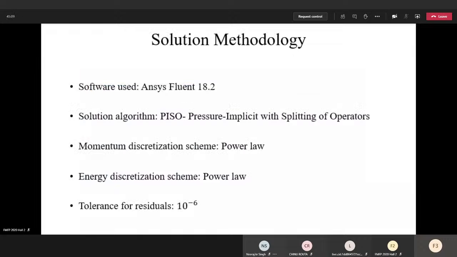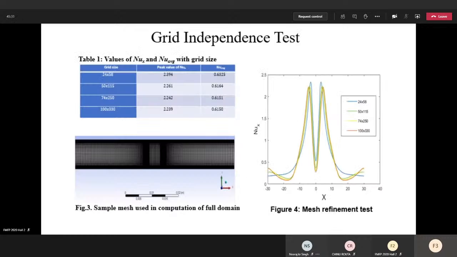Now come to the solution methodology. The solution was performed in ANSYS 18.2. An algorithm was selected, PISO, in which momentum and energy discretization scheme power law were selected. The residual was set 10^-6 for all cases. Grid independence tests were performed for the different combinations of the grid, stationary plate.